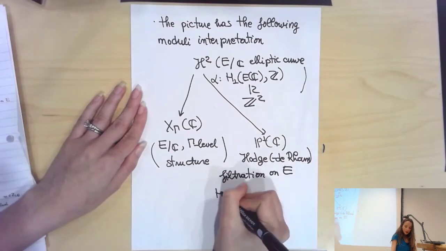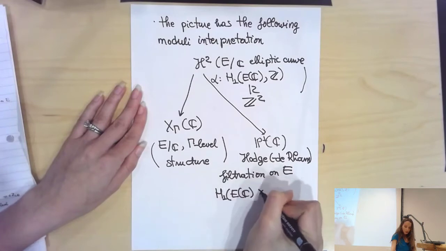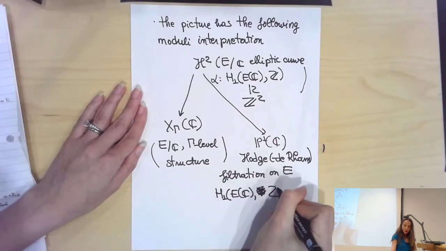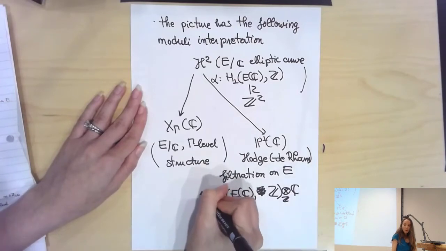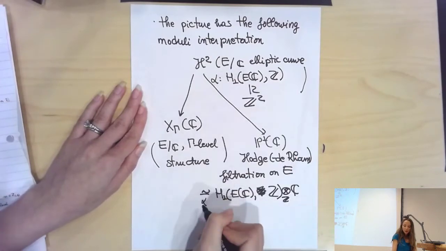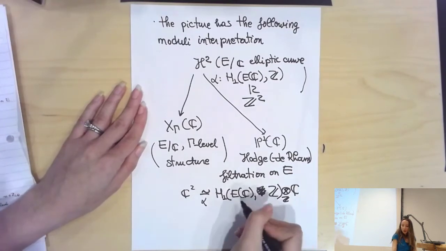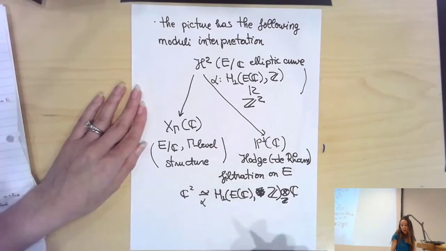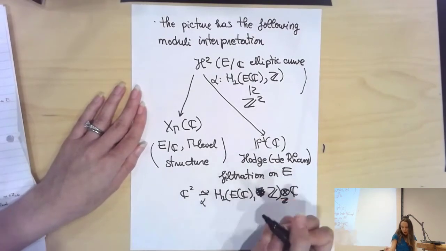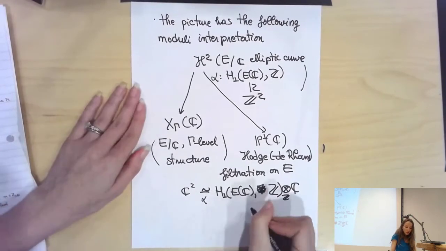So the idea is this first homology with C coefficients, if you tensor this up to C, well, on one hand, you have a trivialization. So this is trivialized, it's C squared. But then once you're here, you have a Hodge decomposition, so a direct sum decomposition. And you forget about the direct sum decomposition. You just remember the filtration part of it.